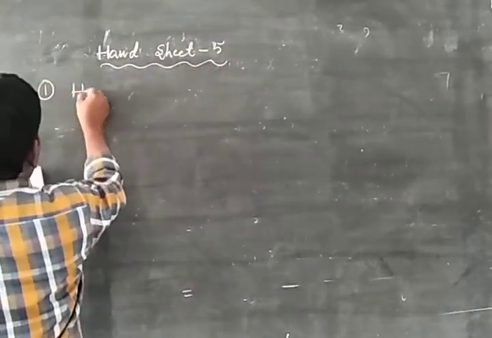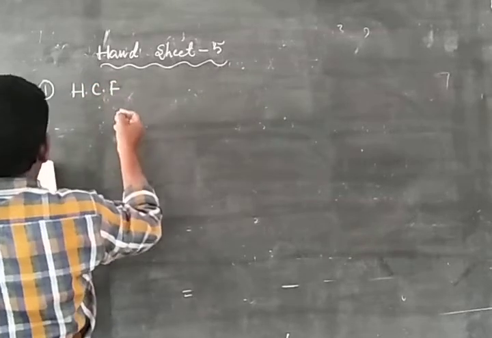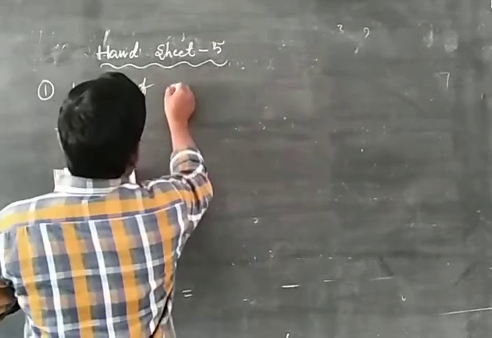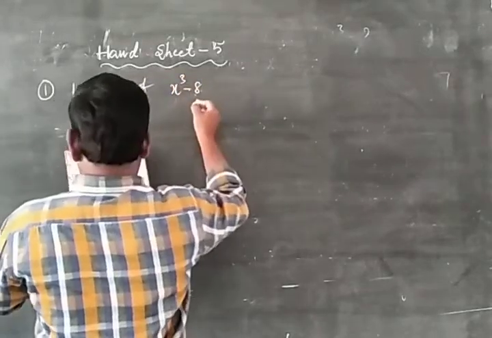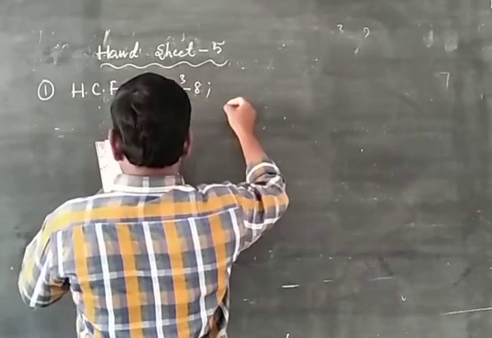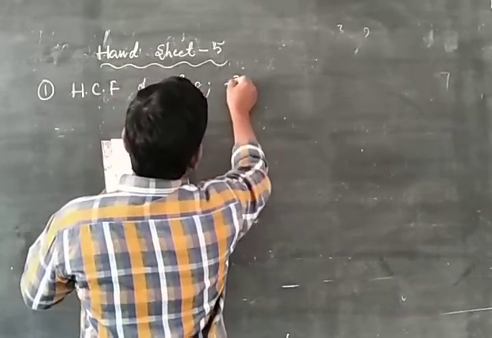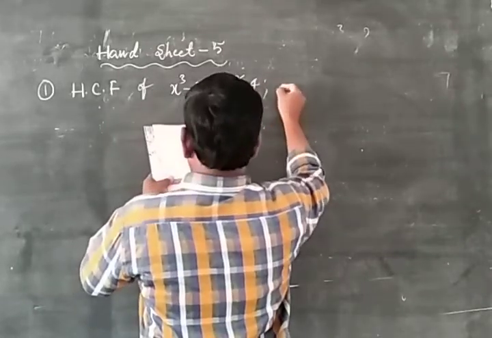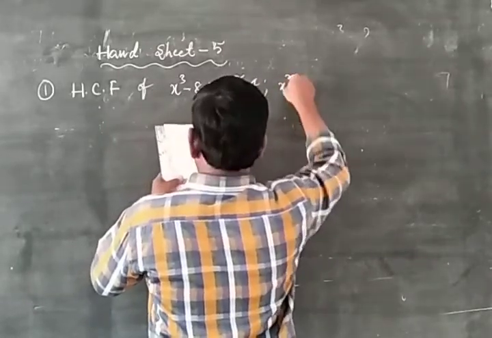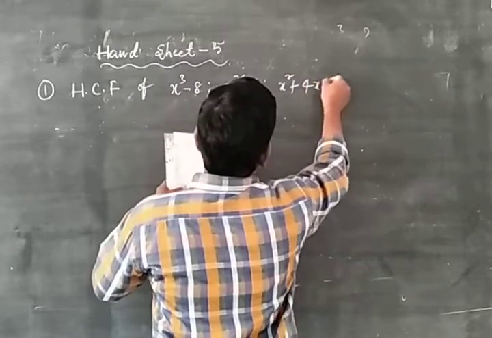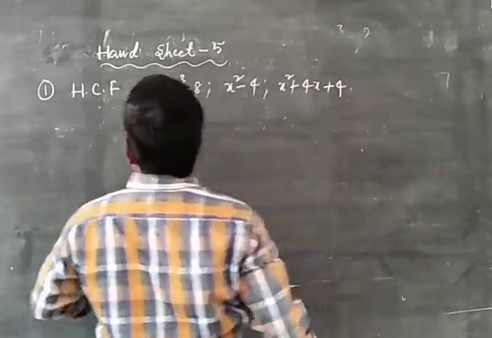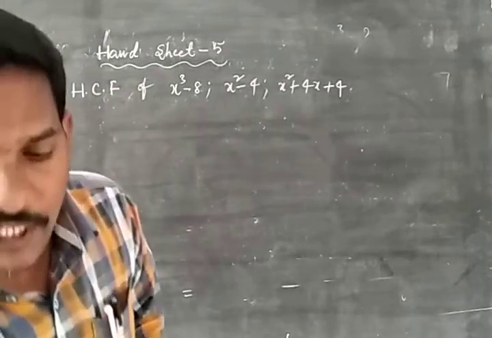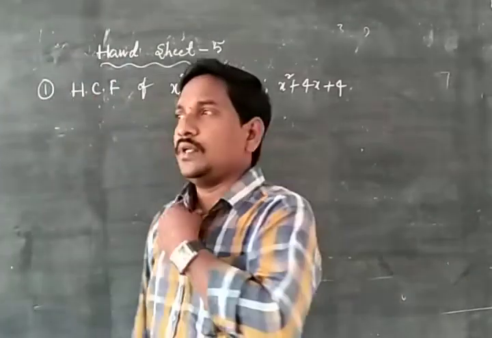HCF of x cube minus 8, x square minus 4, x square plus 4x plus 4. Okay, I think you have experience of HCF in your lower classes.